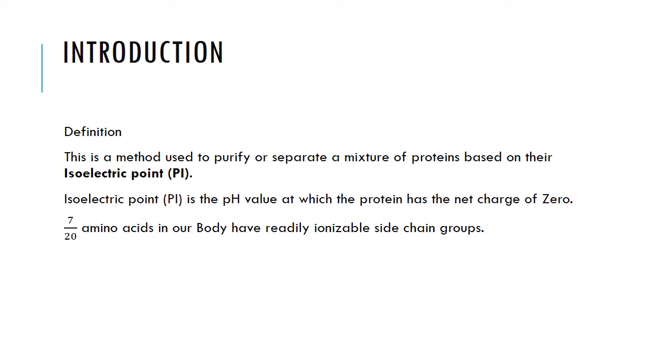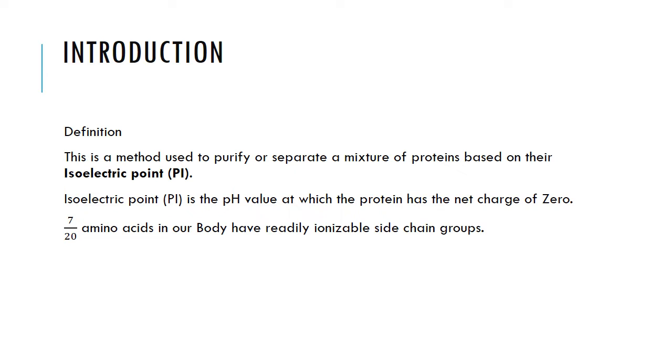We know that the human body has various types of proteins, and those proteins are made up of 20 different types of amino acids, of which 7 of those 20 amino acids in our body have readily ionizing side chains.